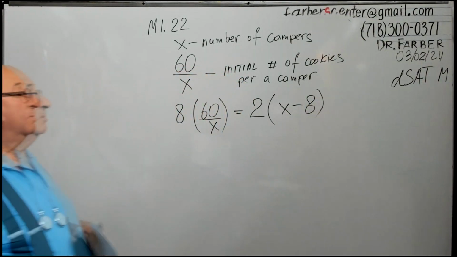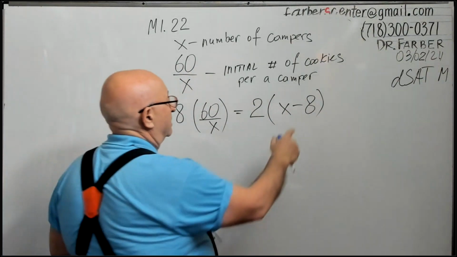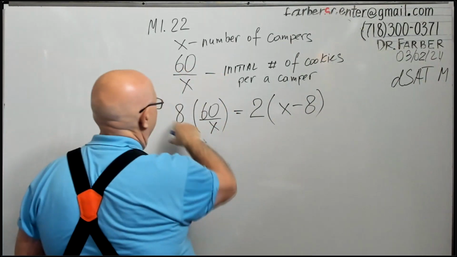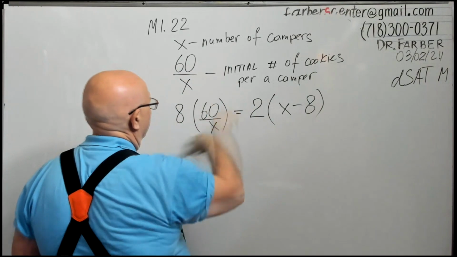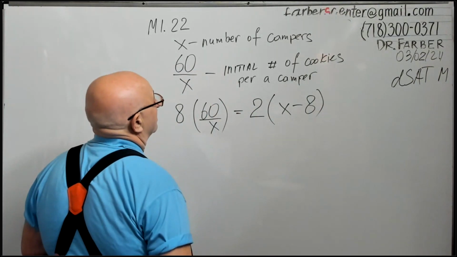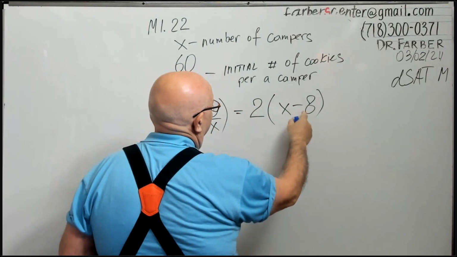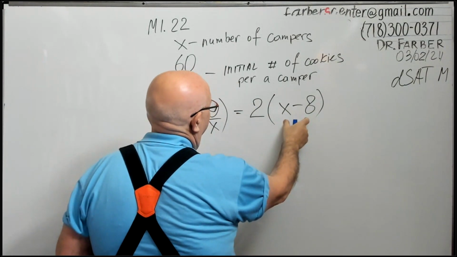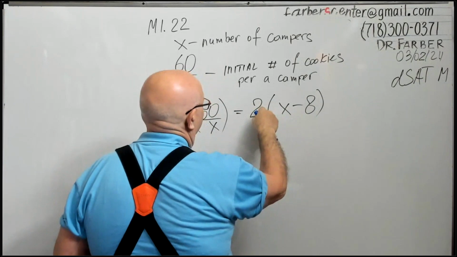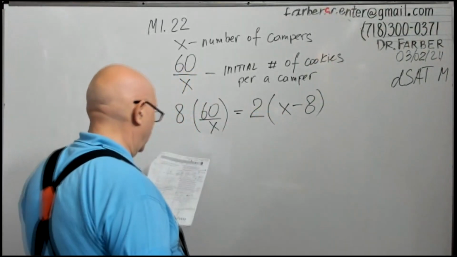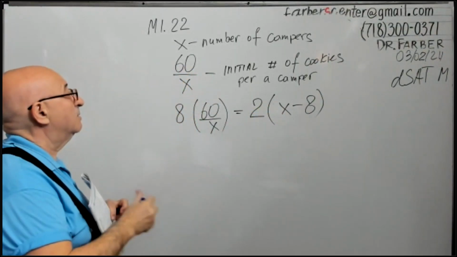Simple logic. Because these people rejected the cookies, the number of people who would like them is less by 8. But each of these gets 2 more cookies. And from this simple equation, you can easily find X.